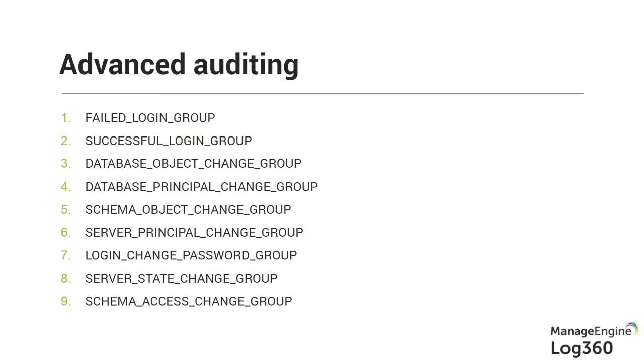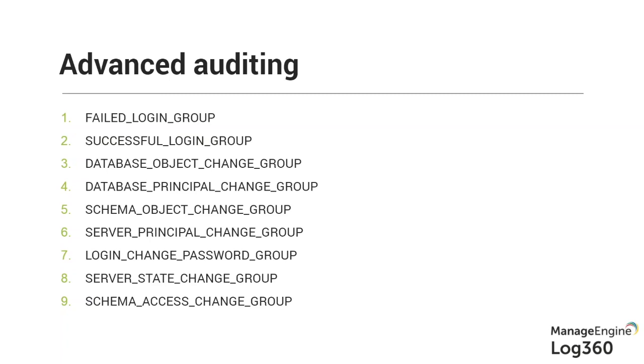So in fact, the reason why you see these 9 points right here is because what we do with Log360 is, if you want to enable advanced auditing through the product, we essentially go and enable these 9 audit groups, right? So fail logon group, successful logon group, your object change group, a schema object change, all of these 9 things that you see on the screen are what we recommend, and it's what we automatically enable in case you opt to enable auditing through the product.